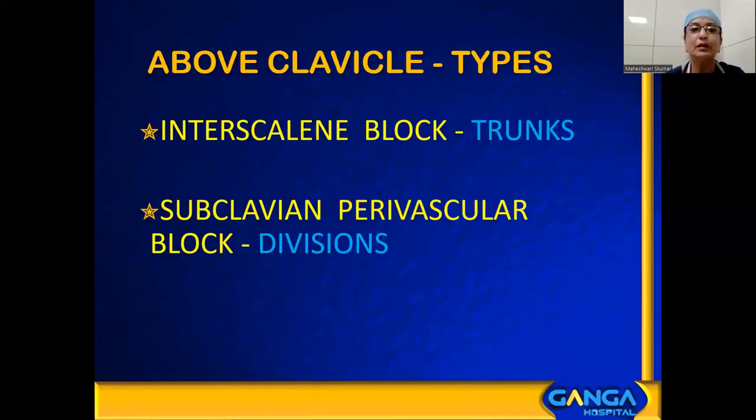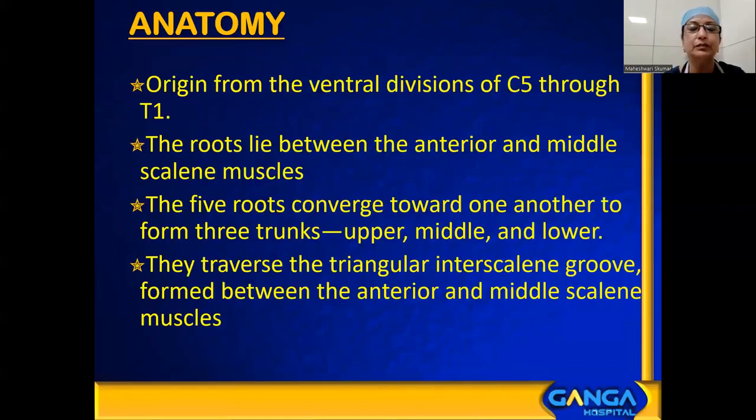Now, coming to the above clavicle blocks, there are 2 types: the interscalene block, which is done at the level of trunks, and the subclavian perivascular block, which is done at the level of divisions. Seeing the anatomy for the interscalene block, the 5 roots converge together to form the 3 trunks, the upper, middle, and lower trunk.